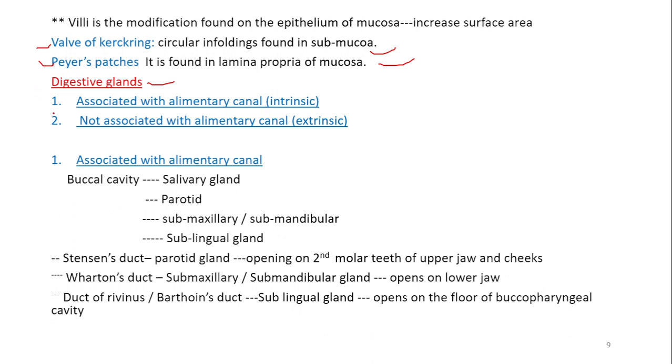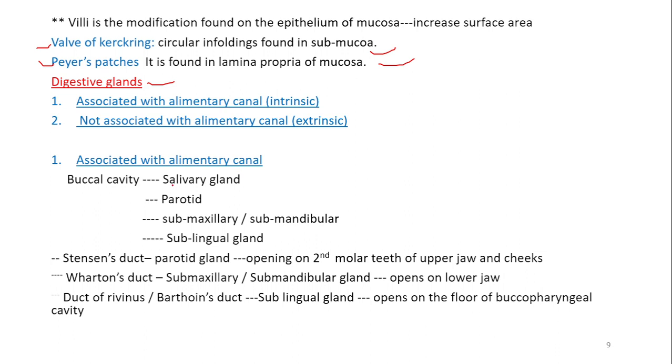Number 1 is associated with alimentary canal, which is also known as intrinsic, and the second one is not associated with alimentary canal, which is known as extrinsic.